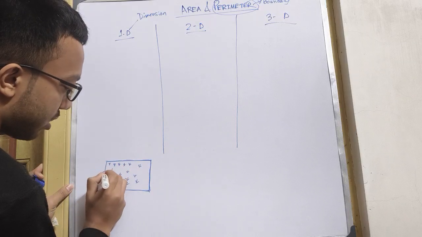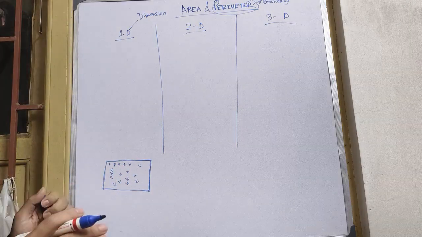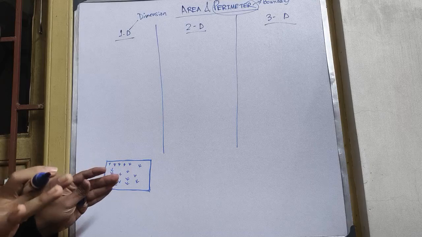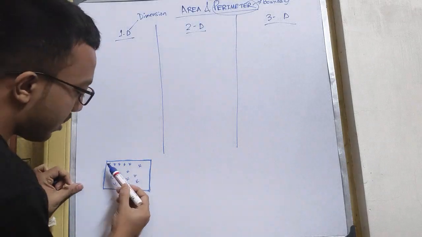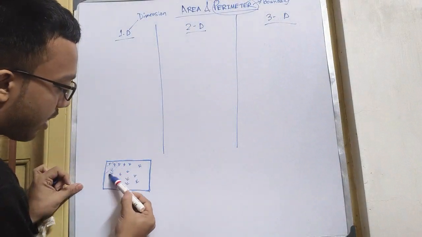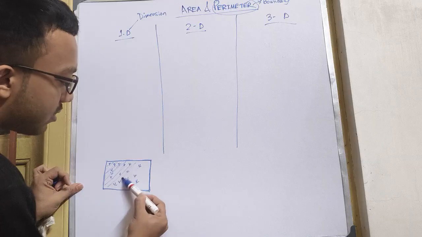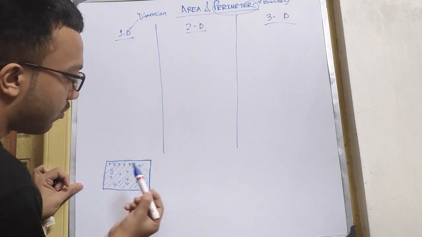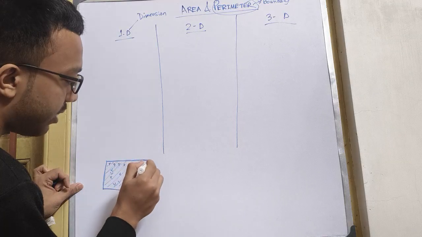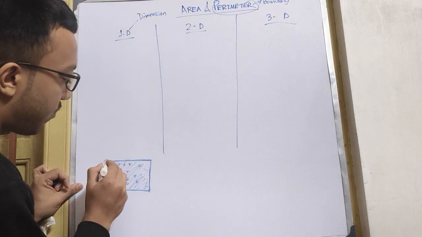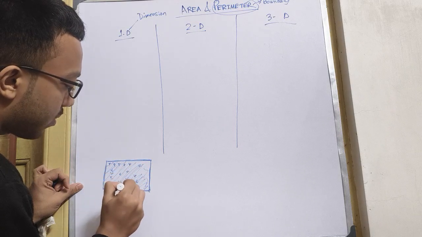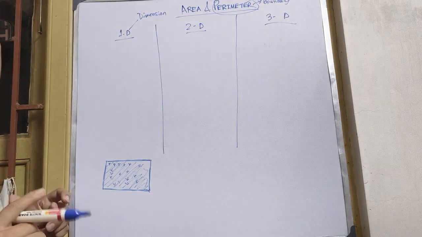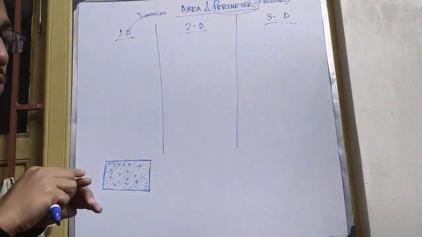And if you see closely, this is not a space. Space means like this, where the grass is present and where the football is being played. Football is not played on this border, but this border is necessary to define how much space it is confined.